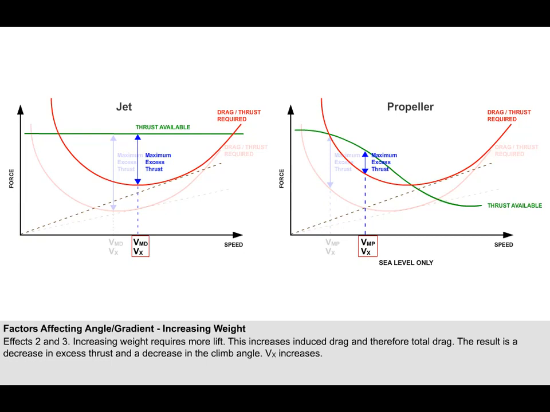However, what is important to see is that the speed for maximum excess thrust available is higher. Therefore, for both jet and propeller aeroplanes, as weight increases, the speed Vx will increase. This means that although your climb angle will decrease with a higher weight, in order to get the best possible climb angle from this deteriorated performance situation, you will have to fly at a higher speed.